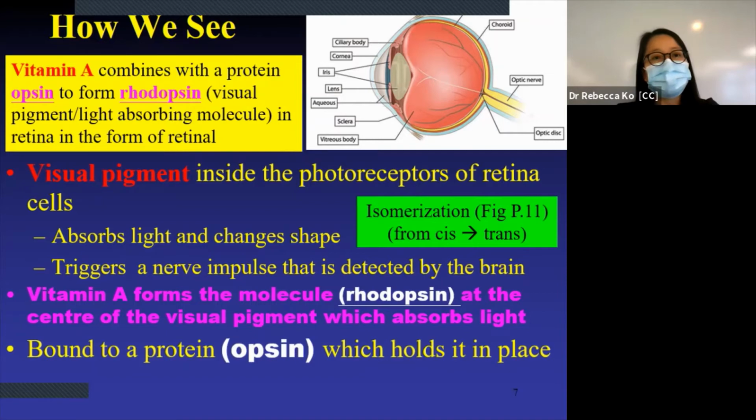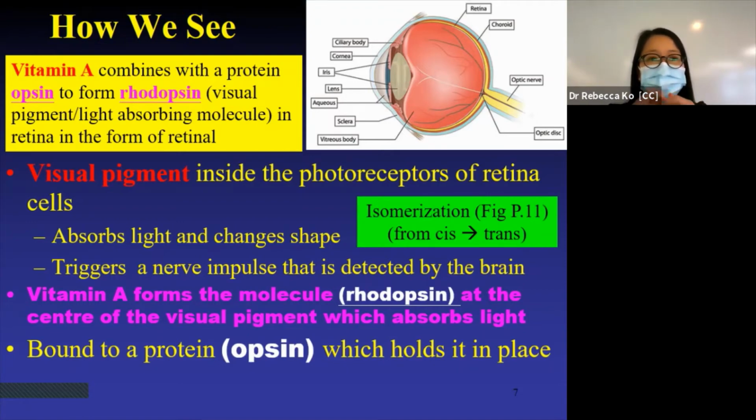So for this nerve impulse, we need the vitamin A to bind to the protein, the opsin, and then it forms rhodopsin so that it can absorb the light. Do you understand the whole process? The vitamin A binds to the opsin, that's the protein, and then forms the molecule.